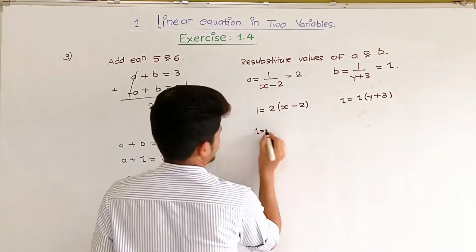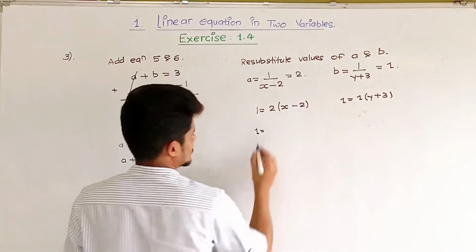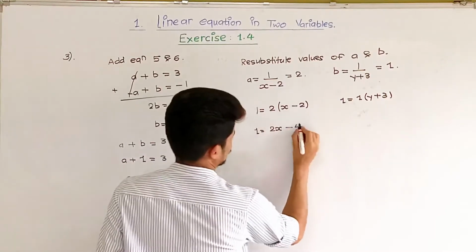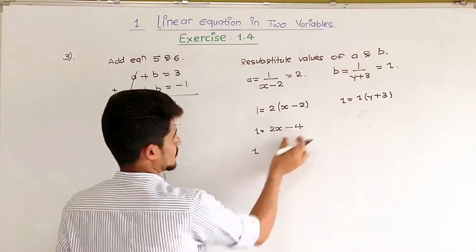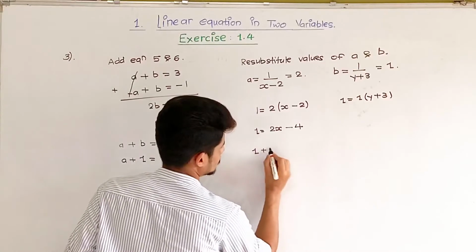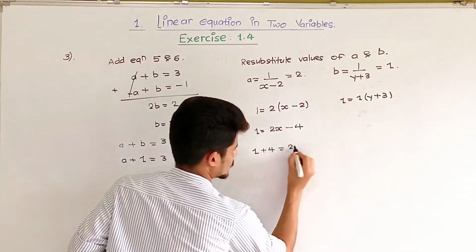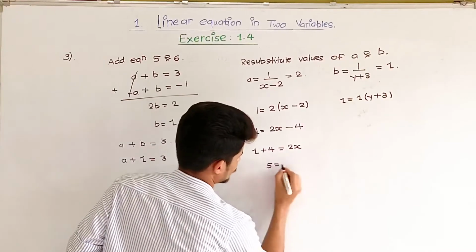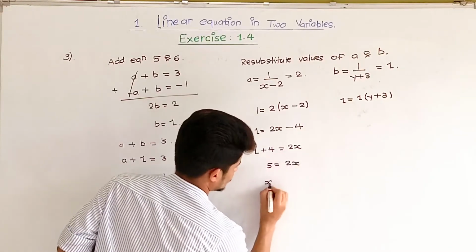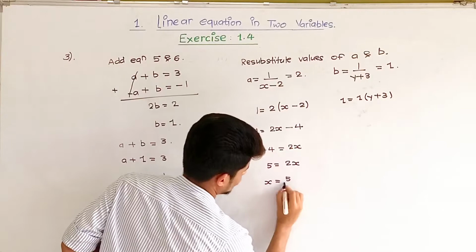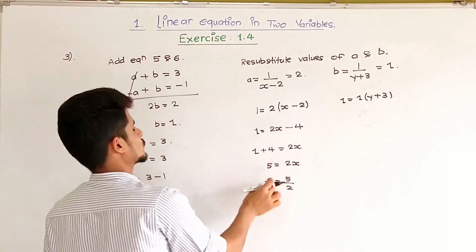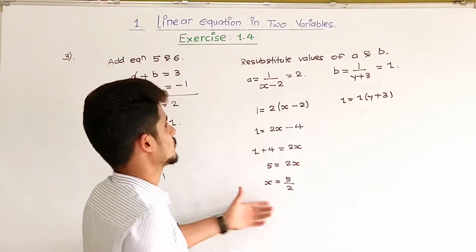So 1 is equals to 2 into x is 2x, minus 2 into 2 is 4. So 1 minus 4 comes here, so plus 4, is equals to 2x. 1 plus 4 is 5, is equals to 2x. x is equals to 5 by 2. 2 is in multiplication here, it comes there and divides, so x is equals to 5 by 2.